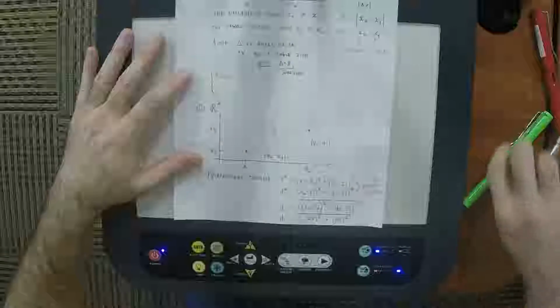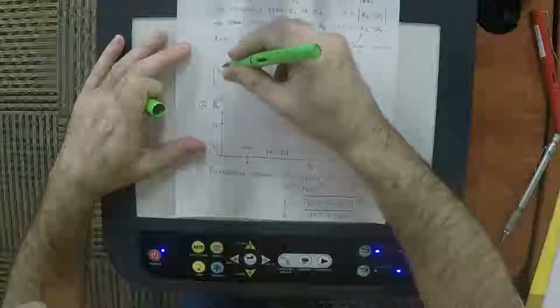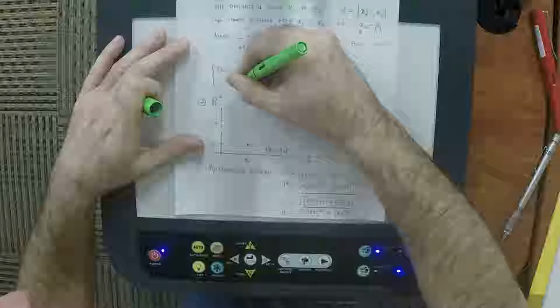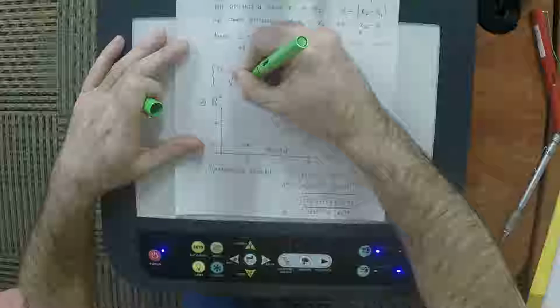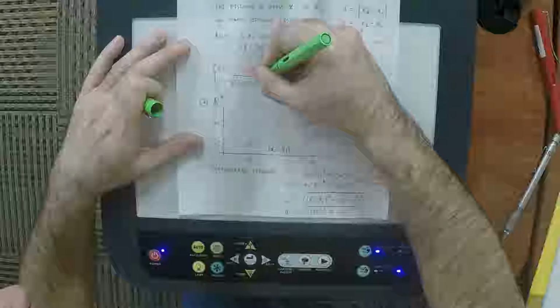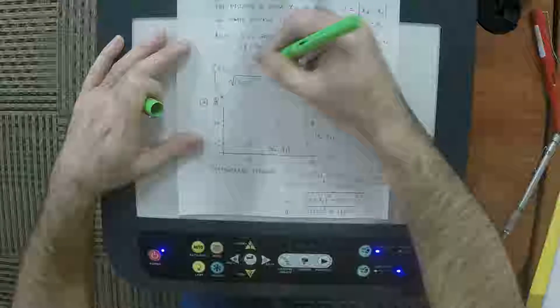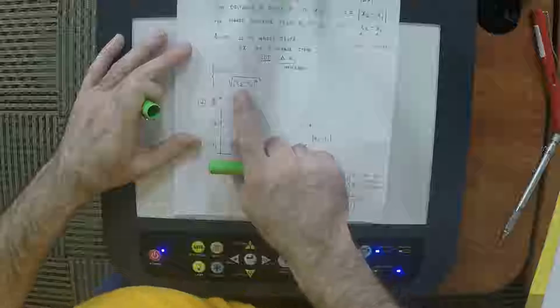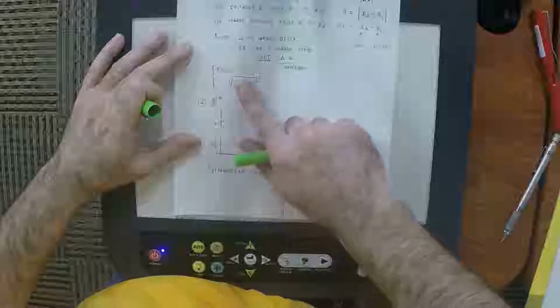I could say, well, how about what is the square root of x2 minus x1 squared? What is that? Right, because look at the pattern.